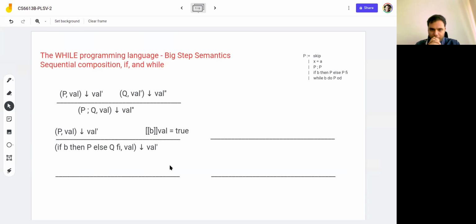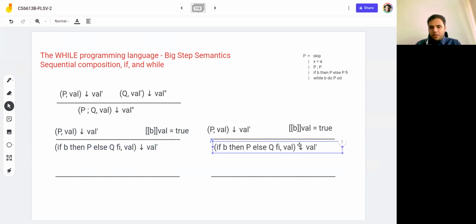Right, okay. And the false case is also very similar. We just copy these things. And if it's false, the only difference is that you have to do what Q does. So you put Q here. This is false.